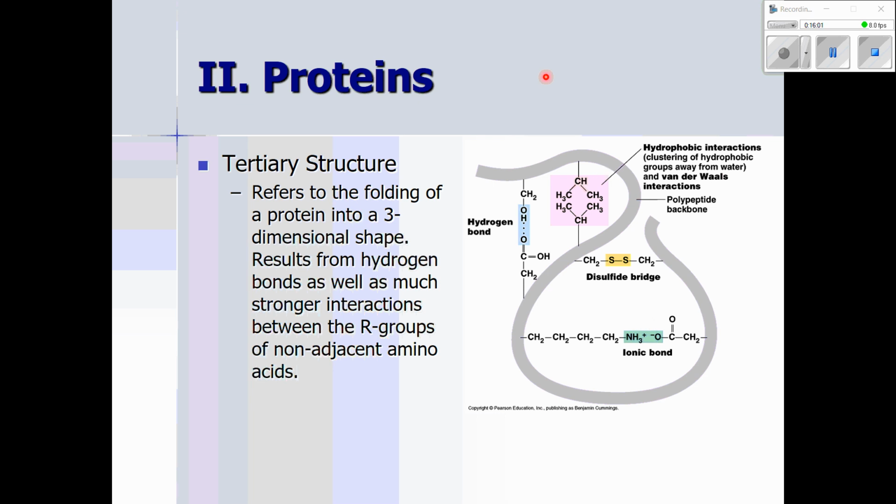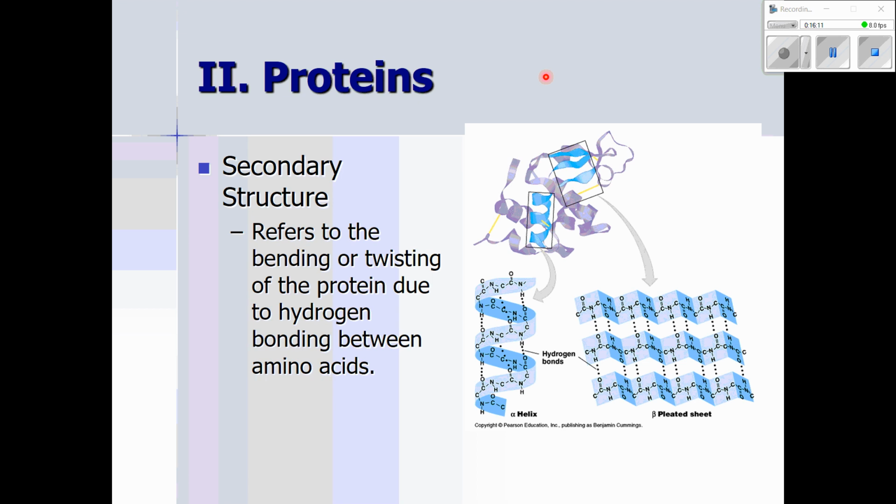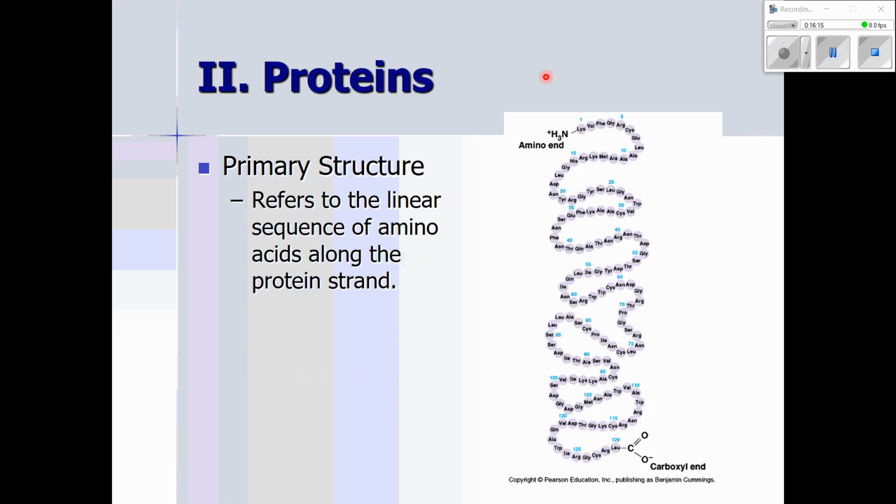Now, for many proteins, this is as complex as it gets. I would say most proteins have 3 levels of structure: primary, secondary, and tertiary. Remember, primary structure is just which amino acids are on the protein and what order they are in.